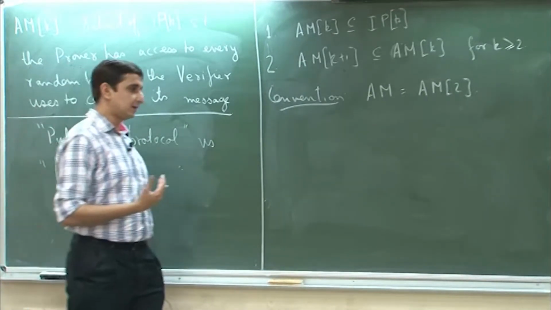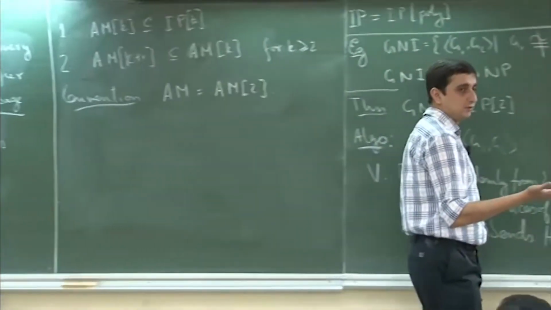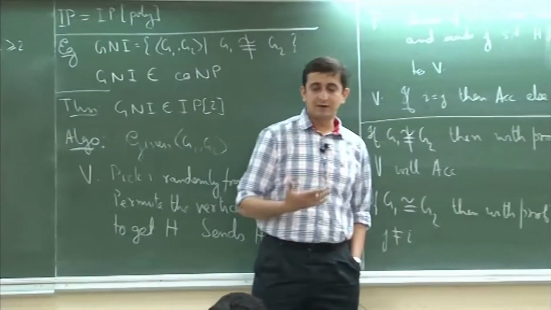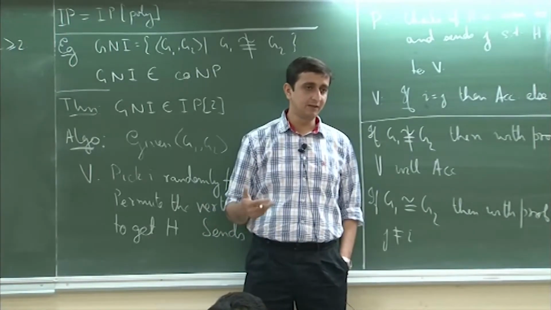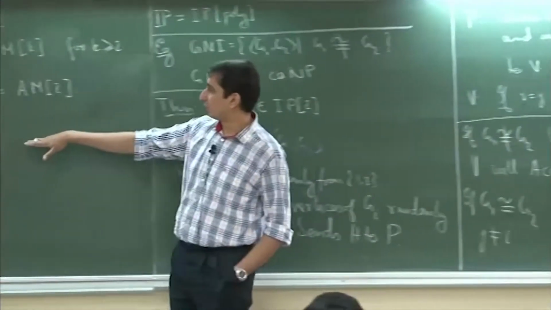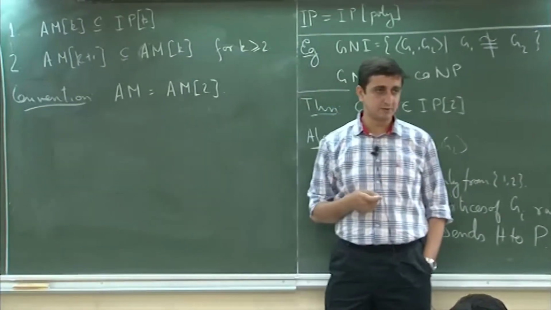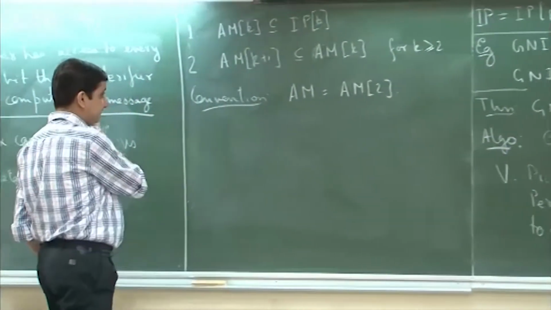So, the verifier makes some coin tosses and sends a query to the prover. The prover does some computation and sends back its answer to the verifier, and then the verifier again does some probabilistic computation, and depending on that answer, it either accepts or rejects. So, that is what the language AM is.